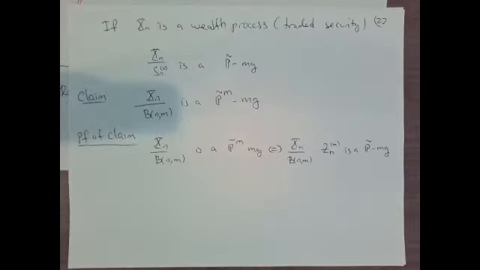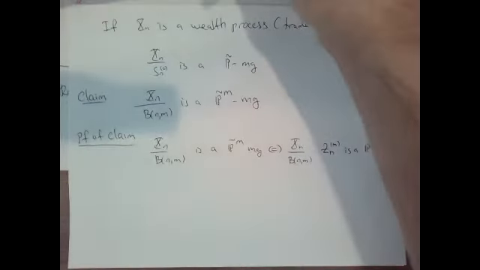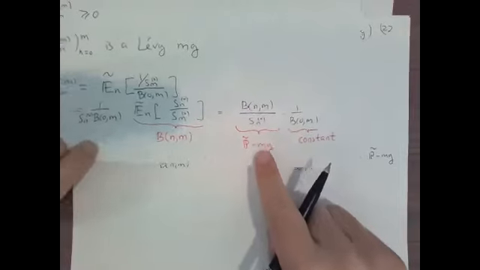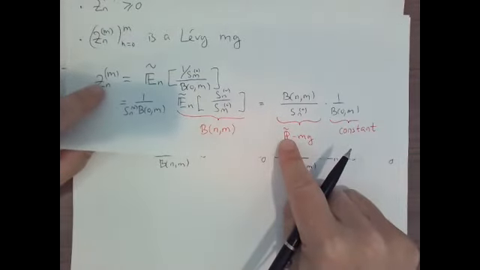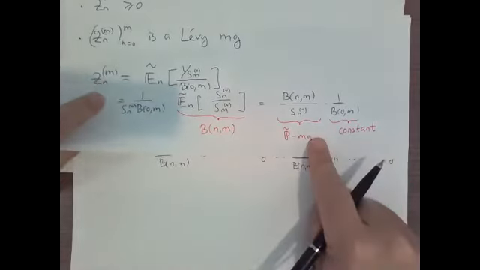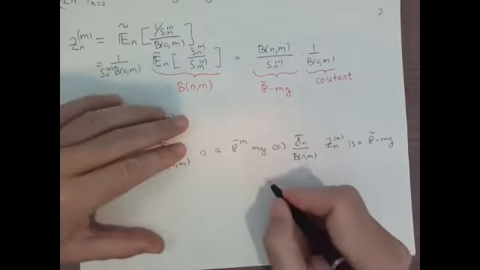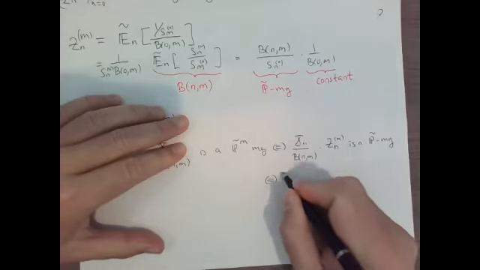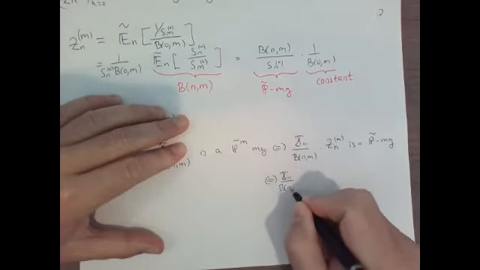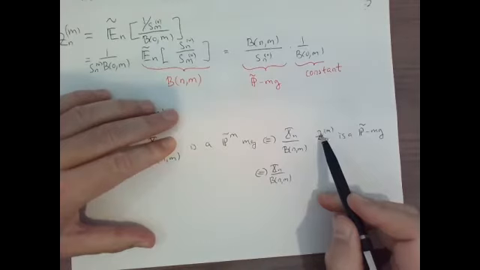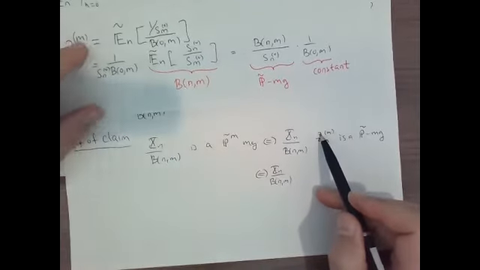And now what we can do is go back and use the formula for my C process, plug that in here. So I have Xn divided by BnM, and I'll plug in what this expression here is.